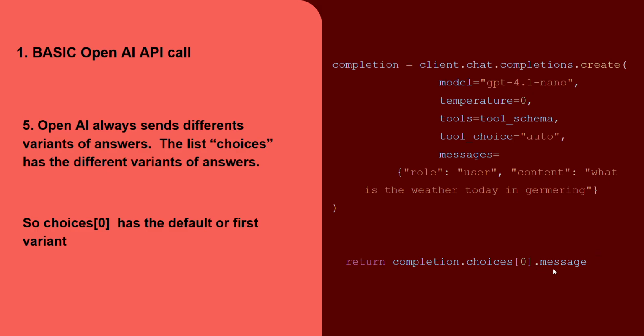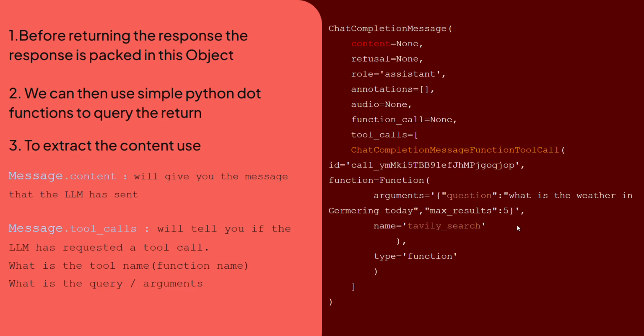access this dot message. This dot message is nothing but an object type, and now we have to understand what this dot message object type entails, or what the structure within this is, and this will help us understand how we can extract data out of it. Okay, now to understand this we have to understand this structure, chat.completion.message.